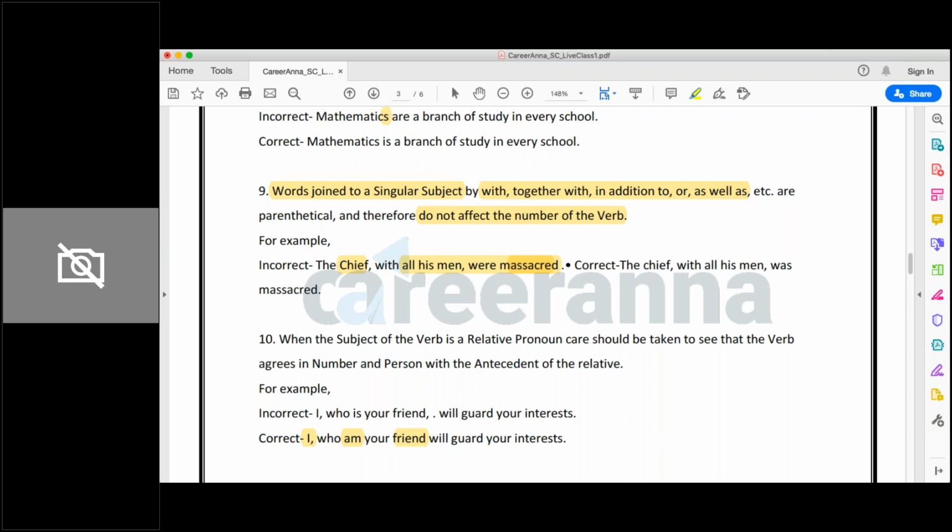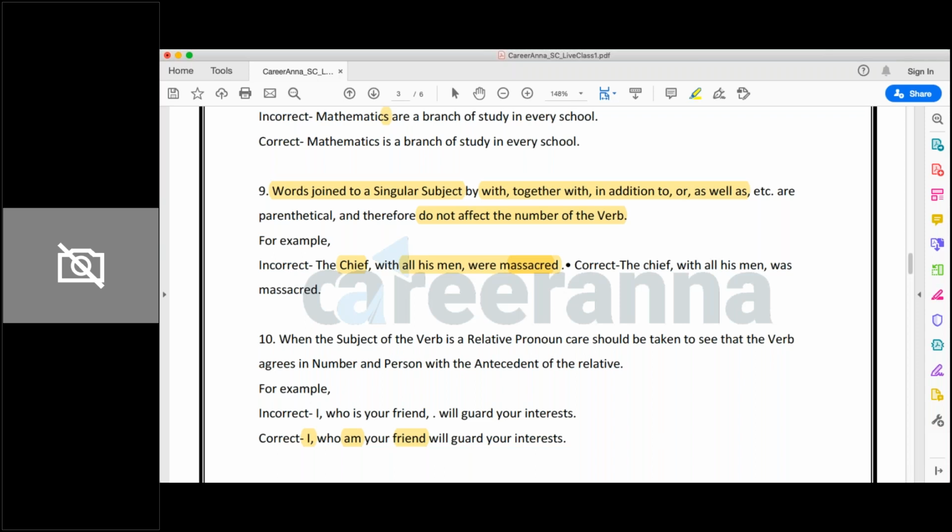I will not go with the noun which is coming after my relative pronoun. In this case, I will not go with friend, but I will go with I, and the verb which I am using along with my relative pronoun will also go with the noun which is before this relative pronoun. Is it clear now?